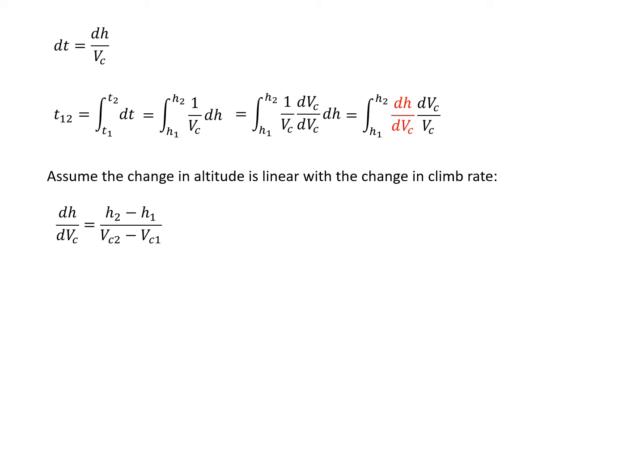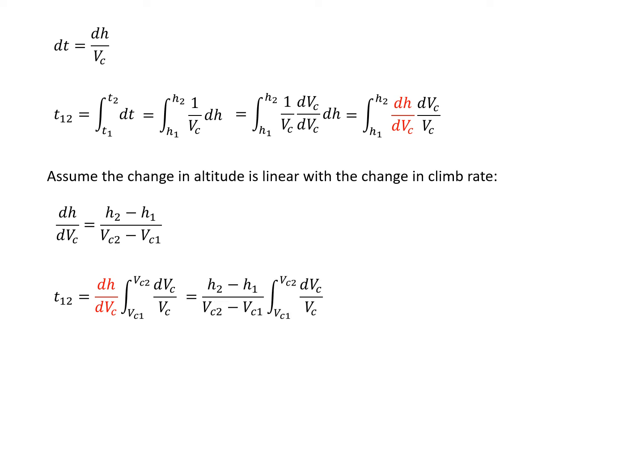So now we can see that from h1 to h2, dh over dVc is a constant. So in that case, we can take dh over dVc out of the integration, right? And then the integration is from Vc1 to Vc2.